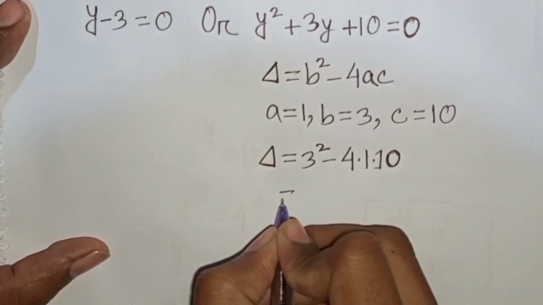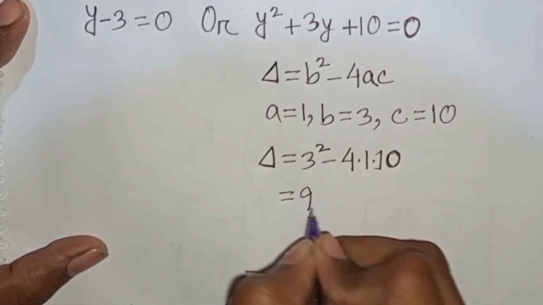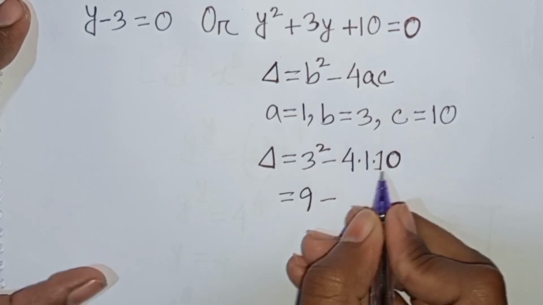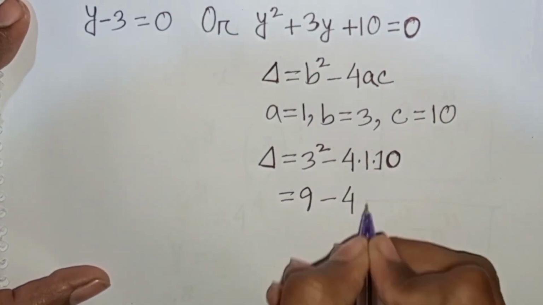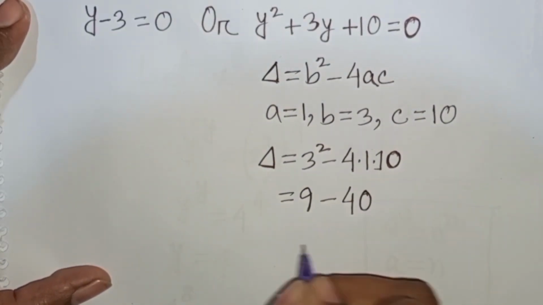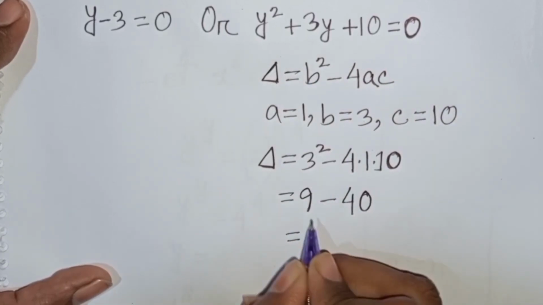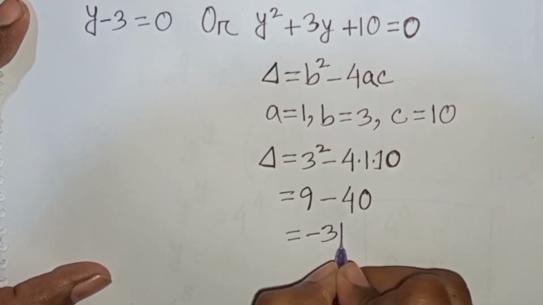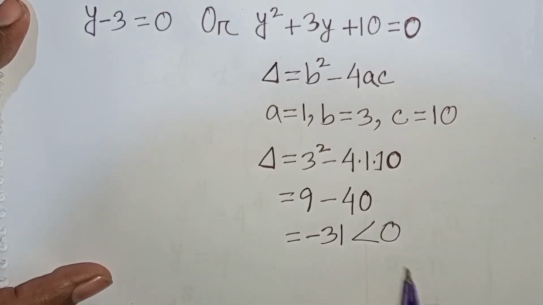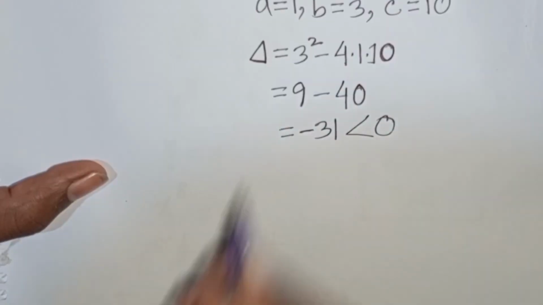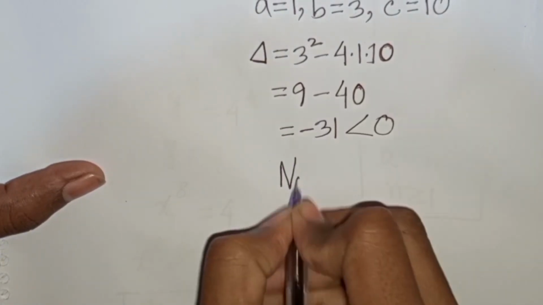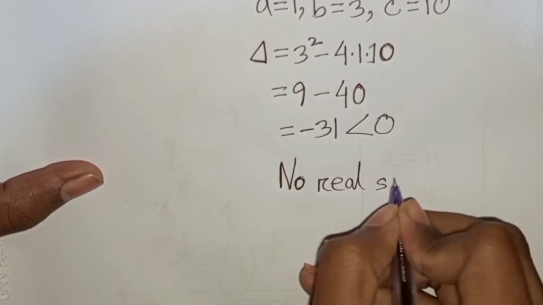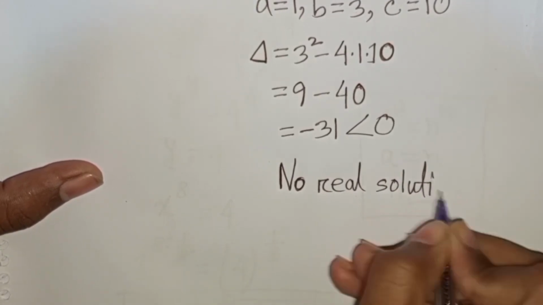Now it is equal to 3 square is the same as 9, then minus 4 times 1 times 10, that means 40, then it is equal to 9 minus 40, that means minus 31. So minus 31 is less than 0. So here no real solution.